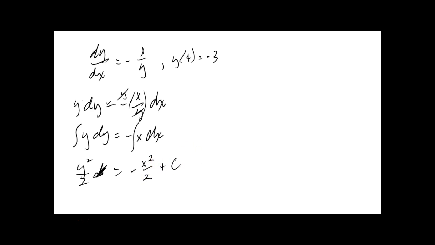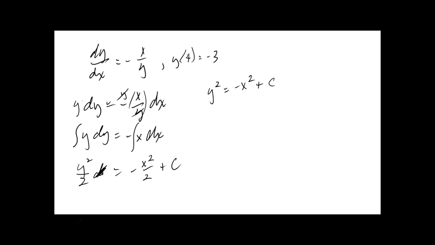Now they didn't give us any, oh yes we did, they gave us our initial condition. So let's plug and chug there. Just for funsies, let's multiply everything on both sides by 2, and that gives you y squared is equal to minus x squared plus, instead of 2c, we'll just make it c. c is a constant, 2c is also a constant, so let's just let that be our constant.